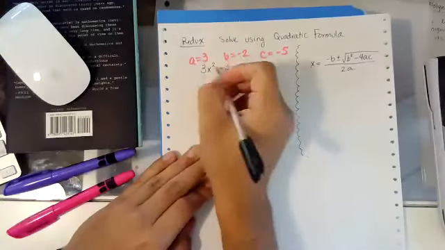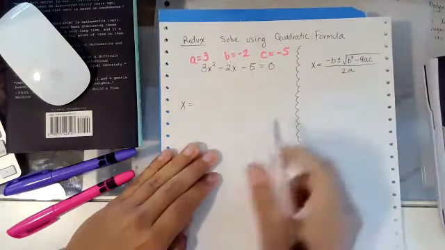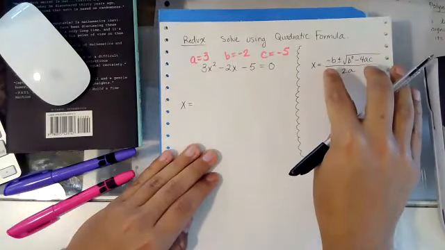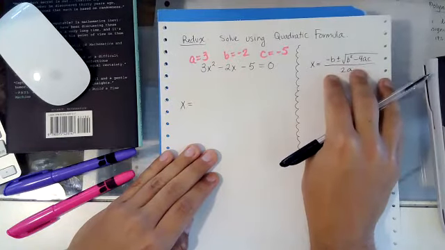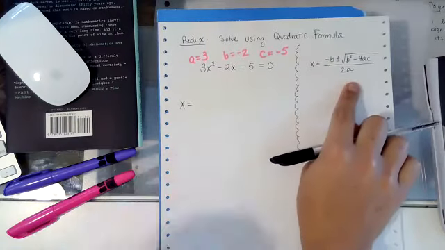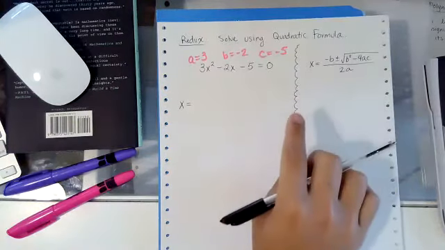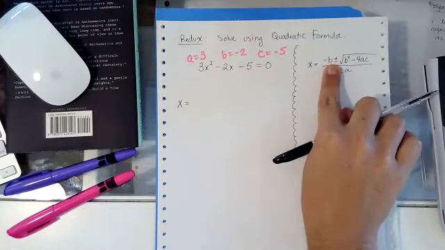So we can generate our solutions by using this formula, but my tip here, so that you don't make any mistakes as you're processing this, is that wherever you have a variable like B, A, or C, insert them into the formula using parentheses.